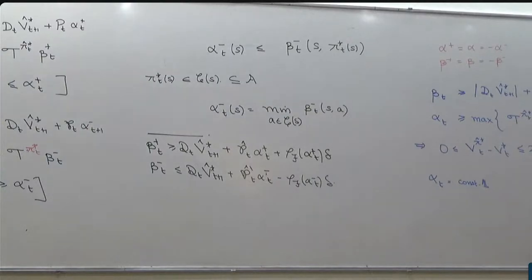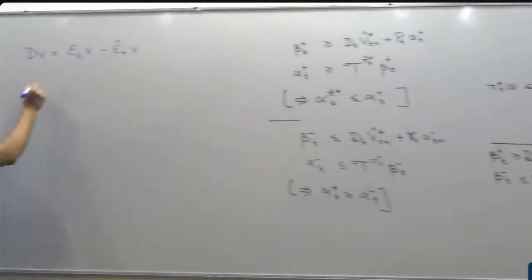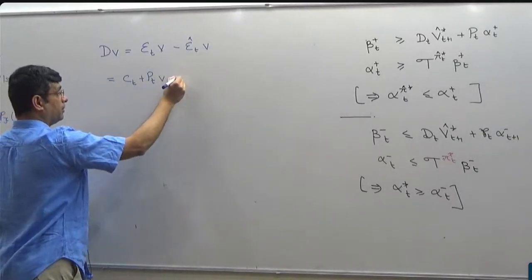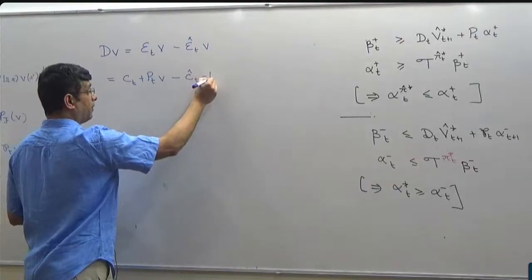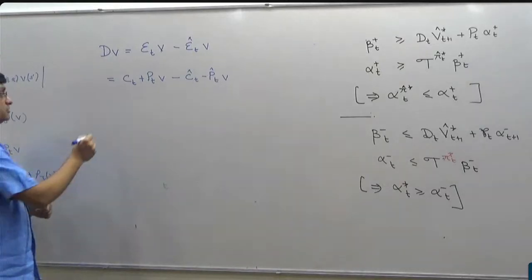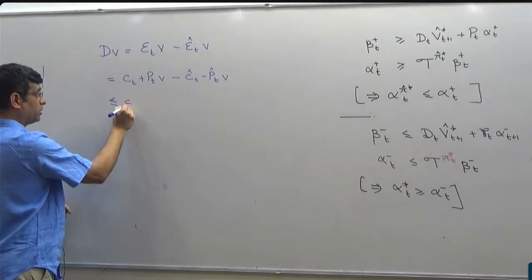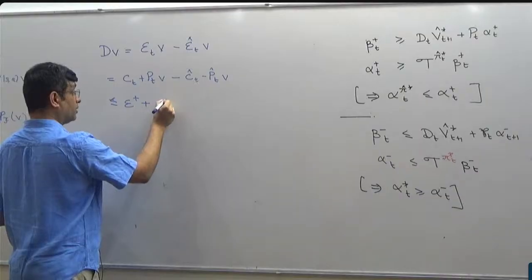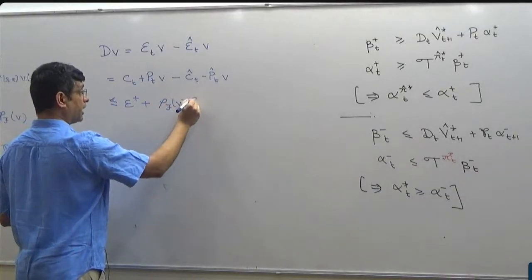So recall that D of V is equal to E t of V minus E hat t of V. This is equal to C t plus P t of V minus C hat t minus P hat t of V. So this is going to be less than or equal to epsilon plus rho f of V times delta.